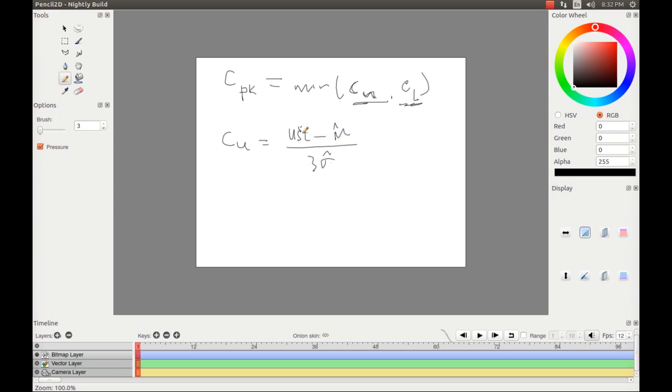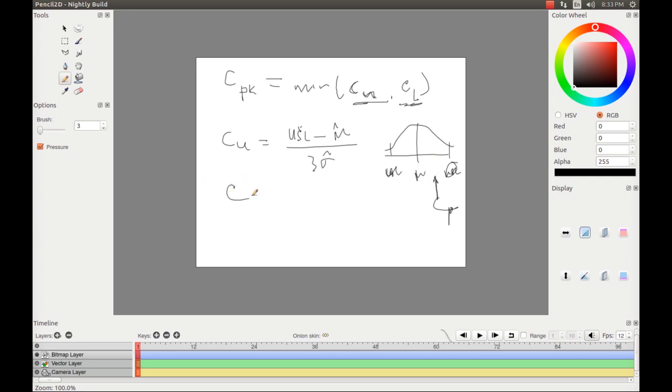And you see here we have a normal distribution, where this is LSL, the lower specification limit, this is USL, and somewhere we have the mean. So the C upper is a value that roughly falls between the mu and the upper specification limit. Since the upper specification limit is bigger than the mu, we deduct the mu from the upper specification limit, not the other way around.